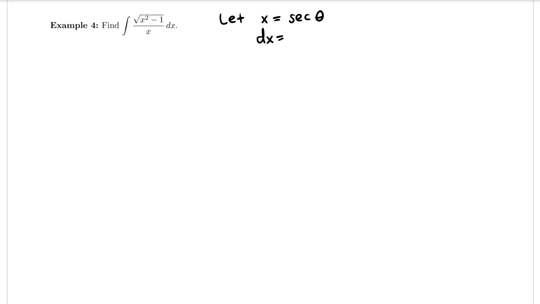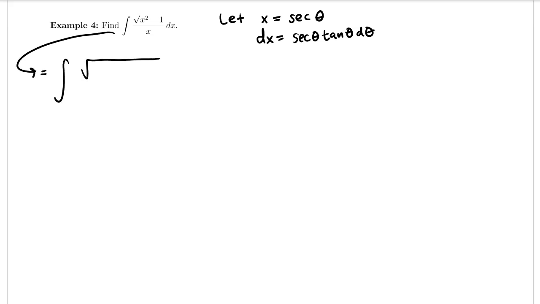And then if I take the derivative, we get dx is equal to secant of theta times tangent of theta d theta. So let's go ahead and rewrite our original integral. We're going to have the square root of secant squared theta minus 1 over secant of theta times secant of theta times tangent of theta d theta.